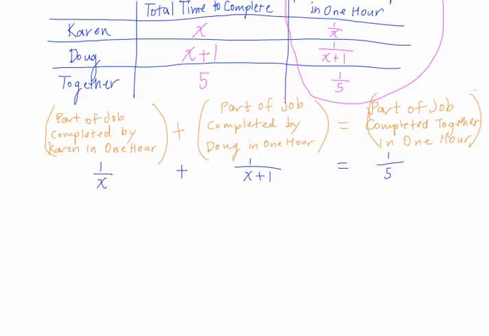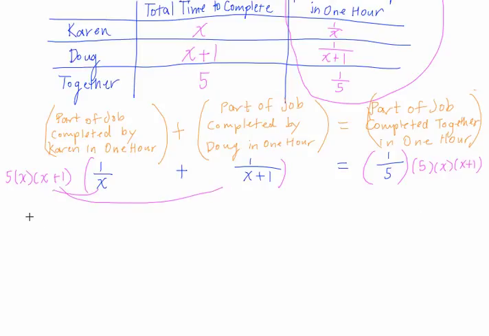Looks like the lowest common denominator in this case would be, let's see, we have a 5, we have an x, and we have an x plus 1. So we're just going to have to do the product of all three since they have no common factors. 5 times x times x plus 1 on the left, and 5 times x times x plus 1 on the right.